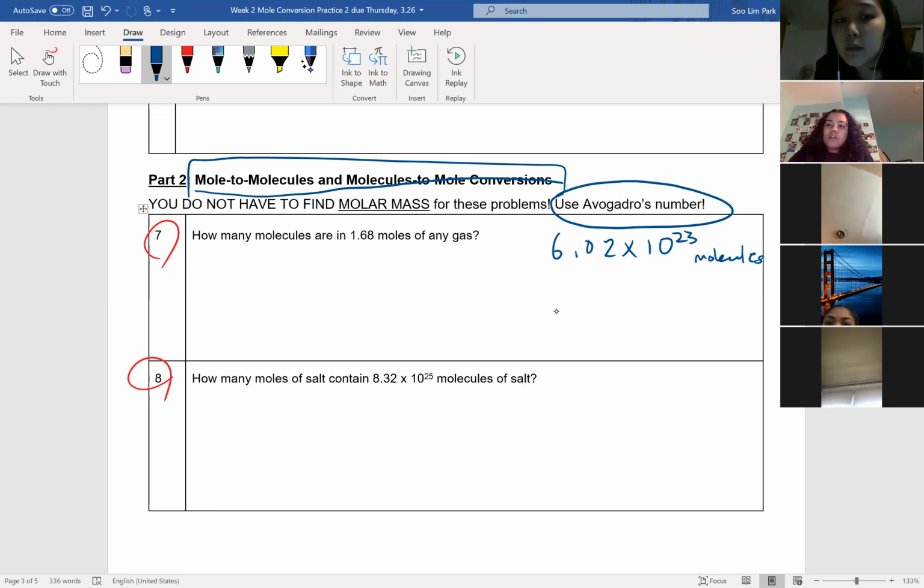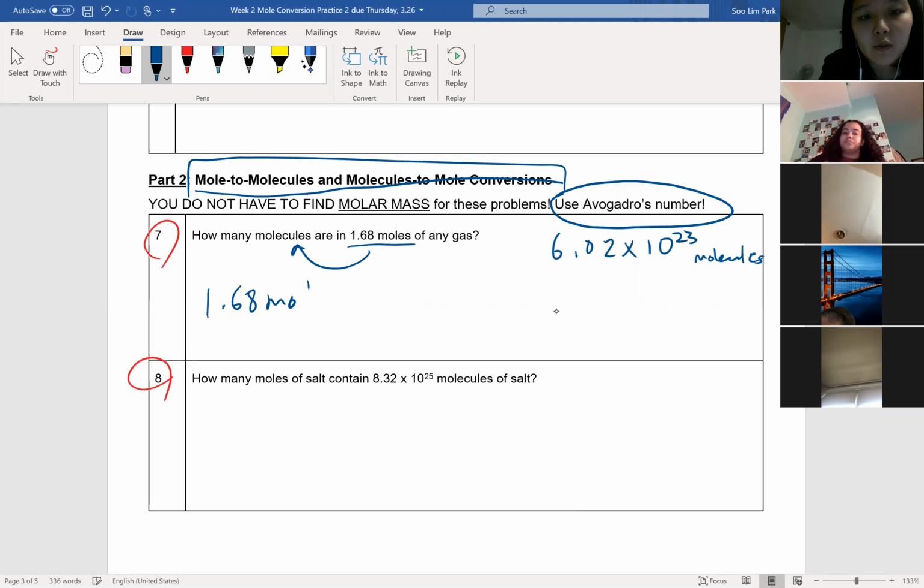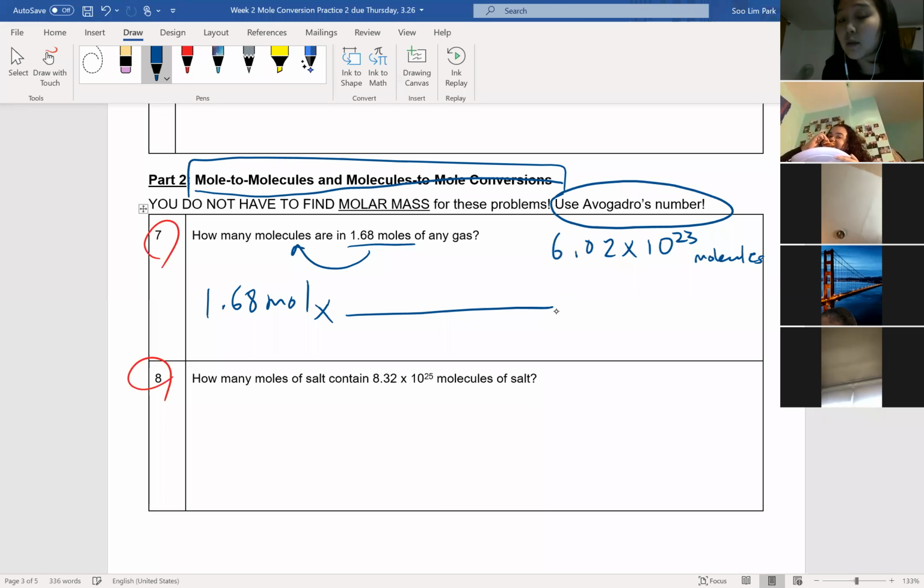All right, so our number 7 says, how many molecules are in 1.68 moles of gas? So we're converting moles to molecules. When you're given moles and we want molecules, we're going to multiply by Avogadro's number, because there's 6.02 times 10 to the 23 molecules in 1 mole of any substance.